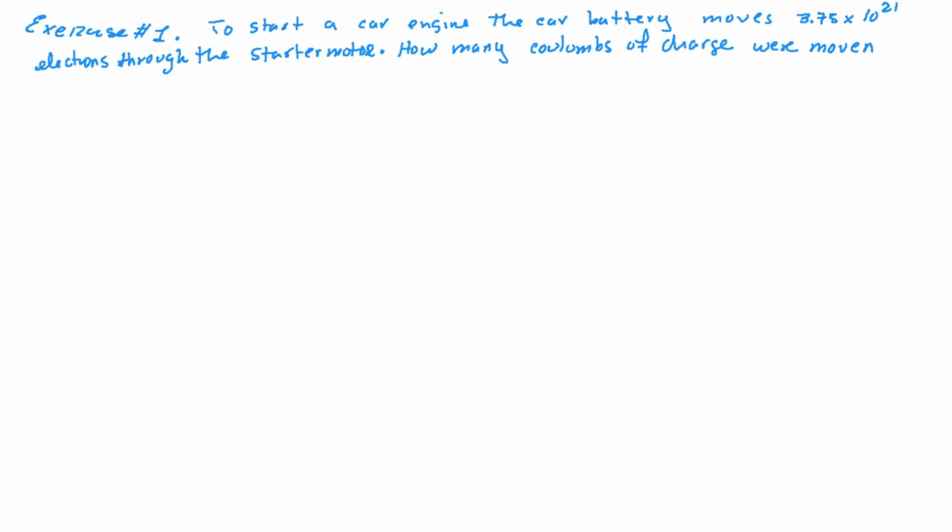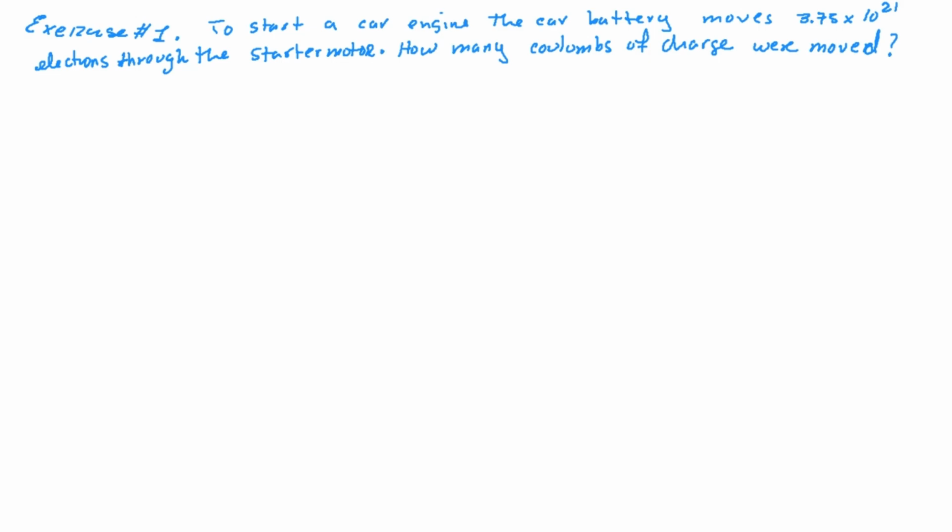Right? So we know that we're moving 3.75 times 10 to the 21st electrons. We know the charge of the electron. So we want to know how many coulombs of charge were moving.